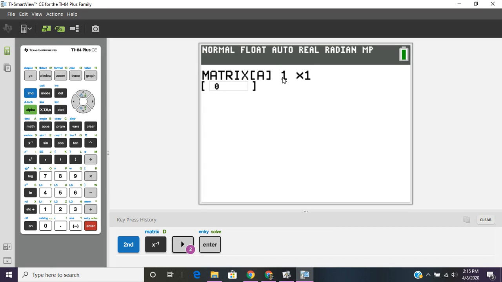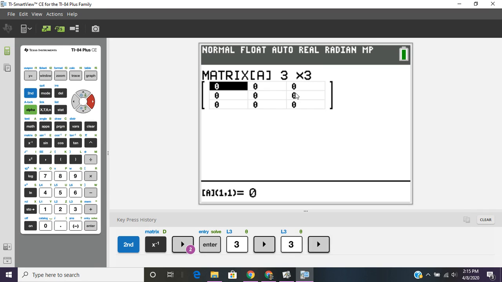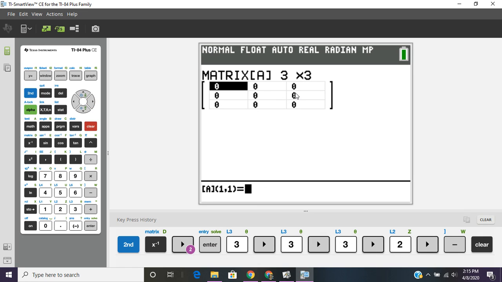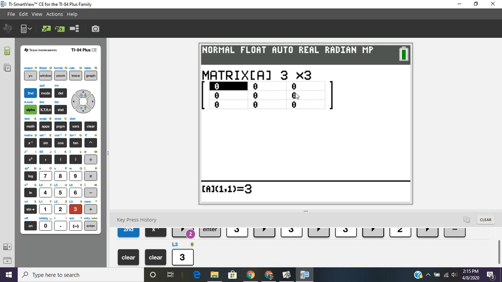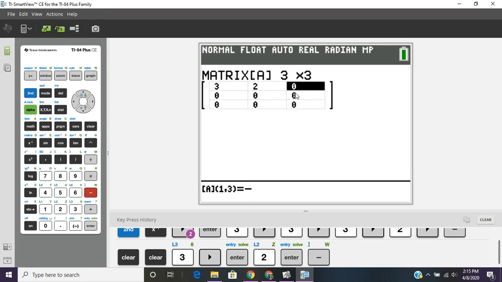The first thing it's going to ask you is the dimensions. This is how many rows by how many columns. Well, ours is a 3 by 3. And then I'm going to go in and type them in. So this will be our matrix D. We're putting in matrix A. So 3, 2, not 32. Oops, sorry. 3, 2, negative 1.